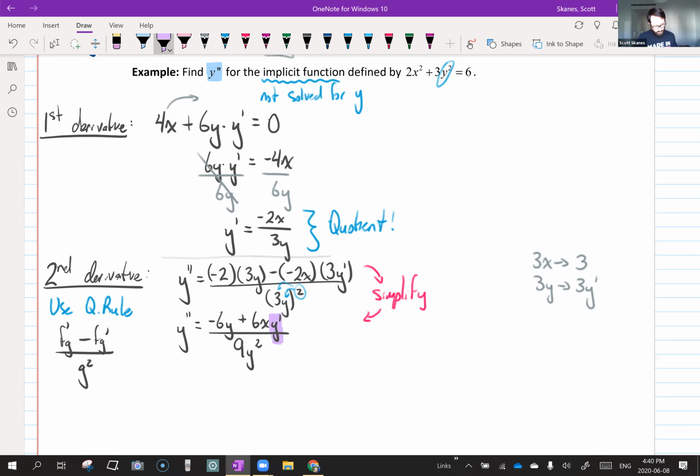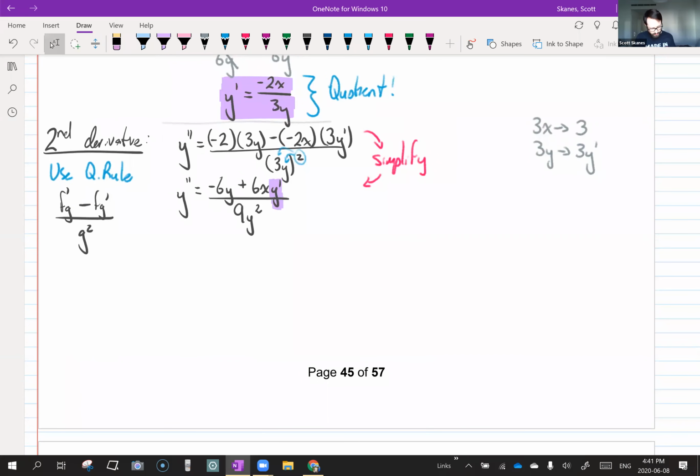So what I need to do is go back up earlier in my question and substitute in the first derivative. You need to put that in just as it is, and we will be done. We'll simplify if we need to, but I'll just put it in. So y double prime is -6y, just copying, plus 6x times y prime, and now I've replaced it, and I divide by the same thing as before, 9y squared.